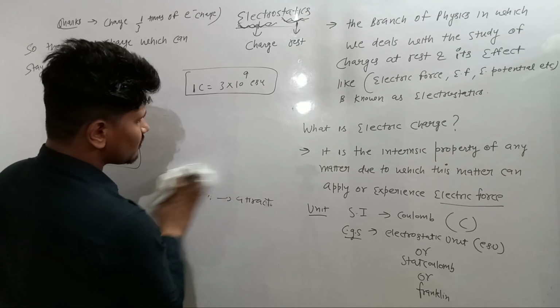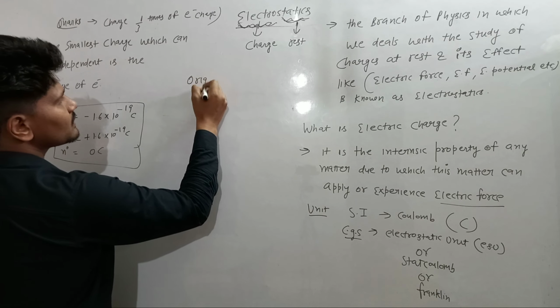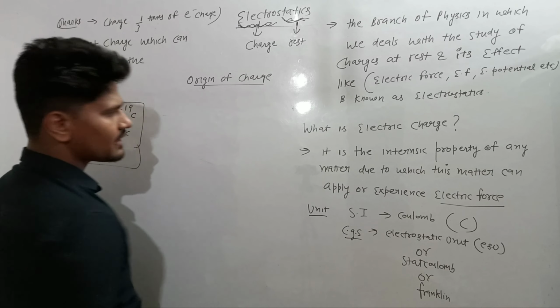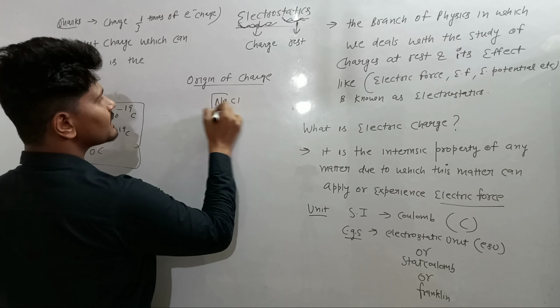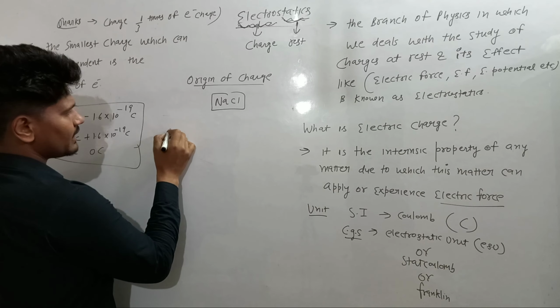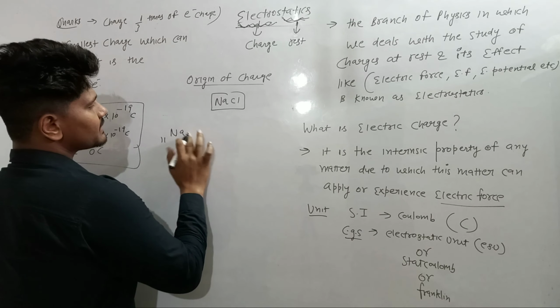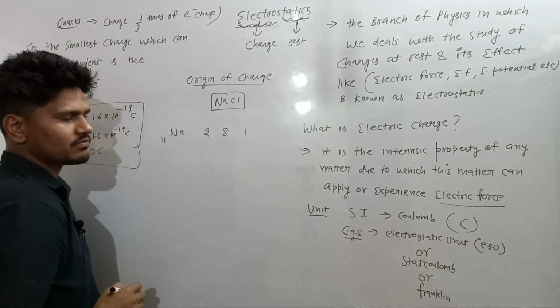I am going to take a very short example of the formation of common salt, NaCl, sodium chloride. In NaCl we have an atom of sodium which has atomic number 11. If I complete its shells, the first shell contains 2 electrons, the second one 8 and the third one is 1.